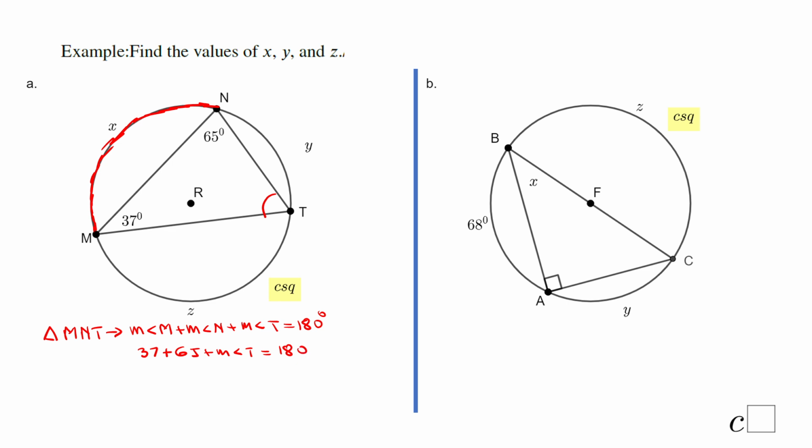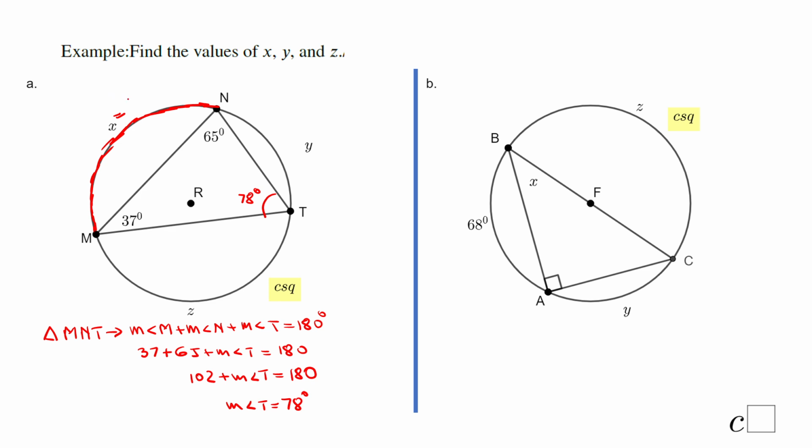We're going to have to add 37 and 65, and that will be 102. And the last step, subtract 102, and we have the measure of angle T is 78 degrees.